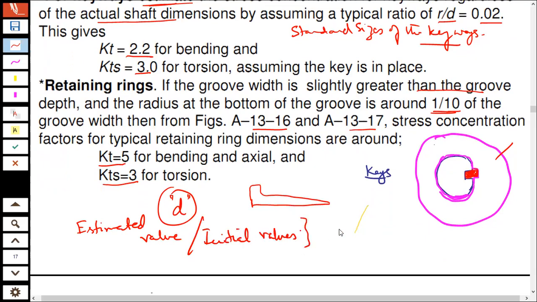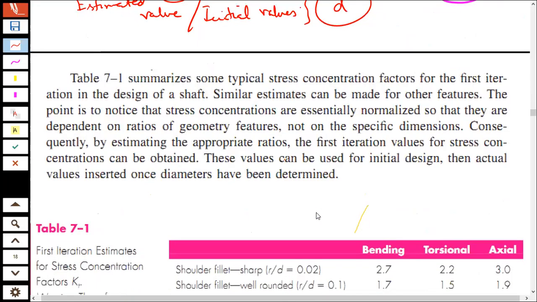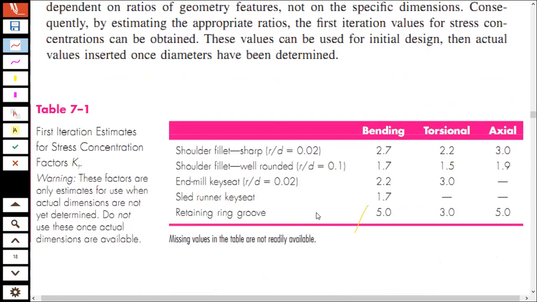But once you know the diameter of the shaft, then you cannot use these values. Then you will have to use actual values that pertain to the shaft. For example, here if you see, this is a table, table 17-1, and it gives you the first iteration estimates for stress concentration factors. For example, shoulder fillet, well rounded, sharp, or end mill keyseat.